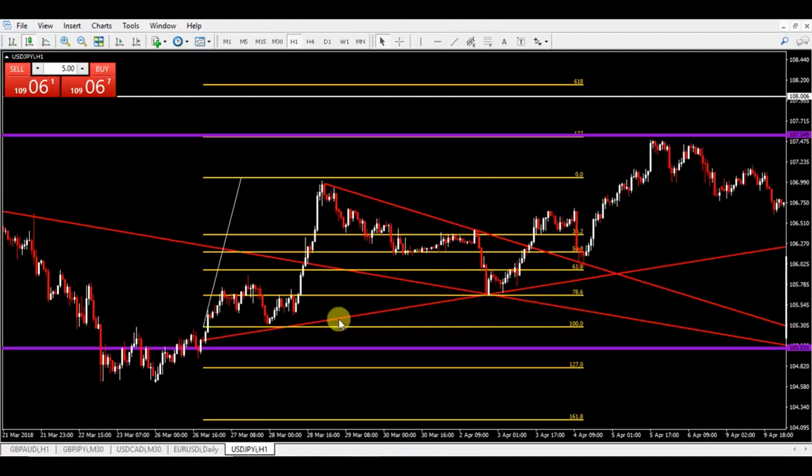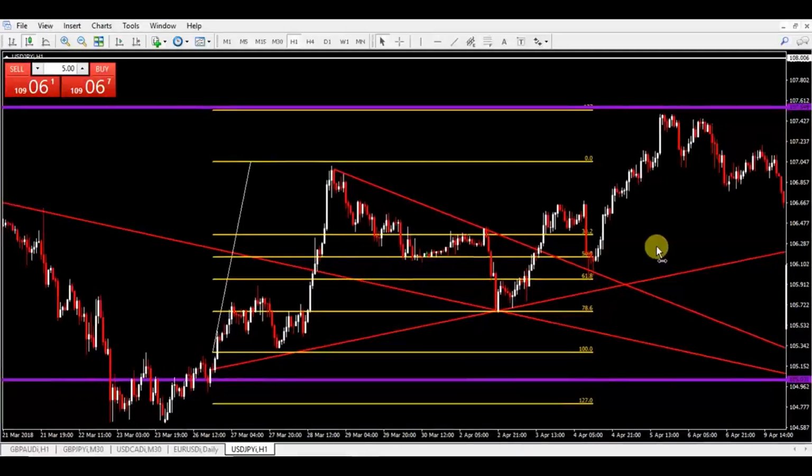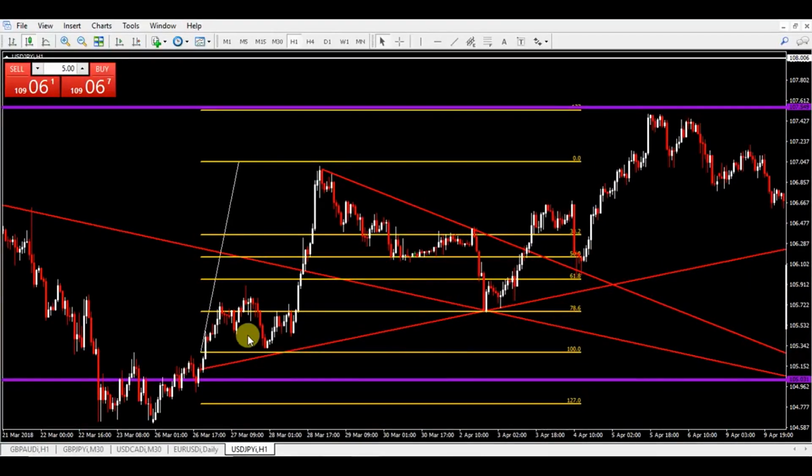So now we have a few things that are in confluence. We have that breakout that happened, anticipating the backside retest, as well as coming into an important fib area, as well as coming into previous resistance, now becoming support.